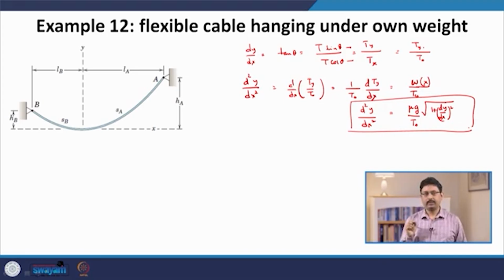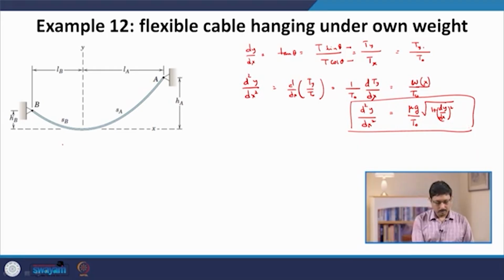This effectively comes because the load in the vertical direction, the weight, is not constant per unit horizontal length, but it is constant per unit length of the rope, if the rope is uniform and the mass density mu is constant. This is what makes the difference.